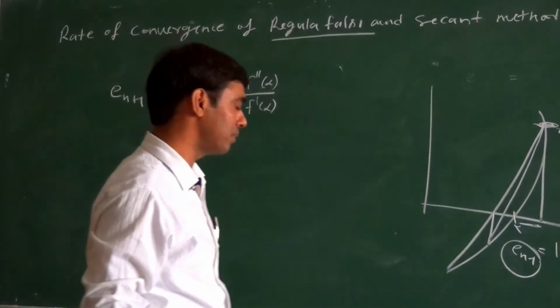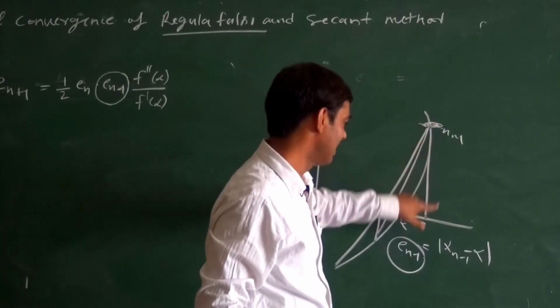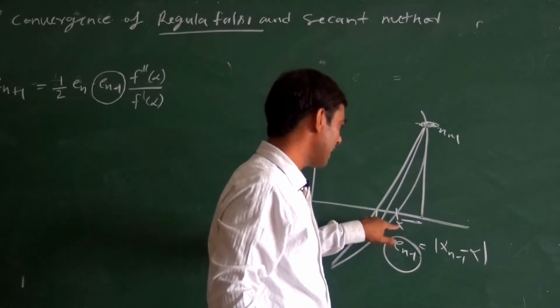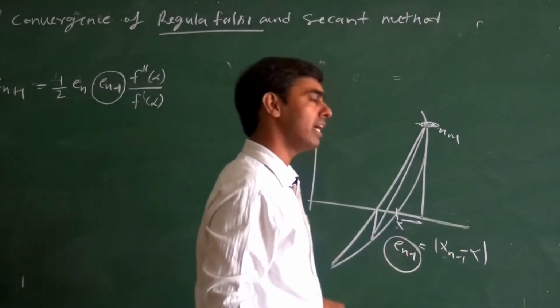Why is this a constant? Because one end is fixed. If one end is fixed, then the difference from the actual root is fixed, it is a constant, and it does not vary.